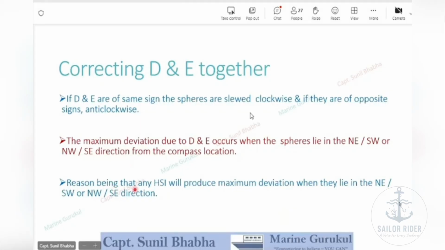Reason being that any horizontal soft iron will produce maximum deviation when they lie in the northeast, southwest or northwest, southeast of the compass location. Let's try to understand this using a diagram.